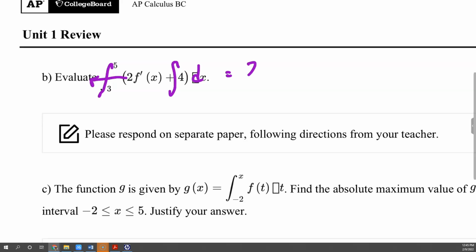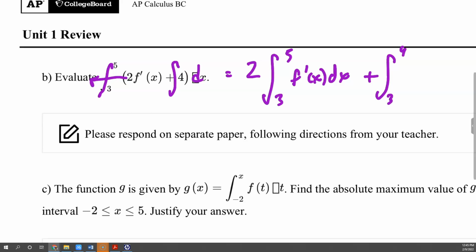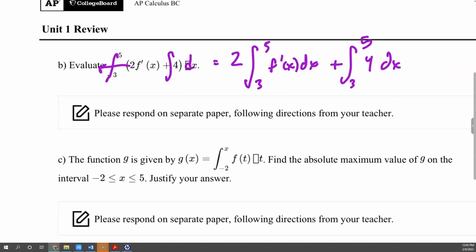So is this the same thing as saying 2 integral from 3 to 5 f prime of x dx, and then the integral from 3 to 5 of 4 dx? Is that not the exact same thing? Cool. What's the integral of f prime?